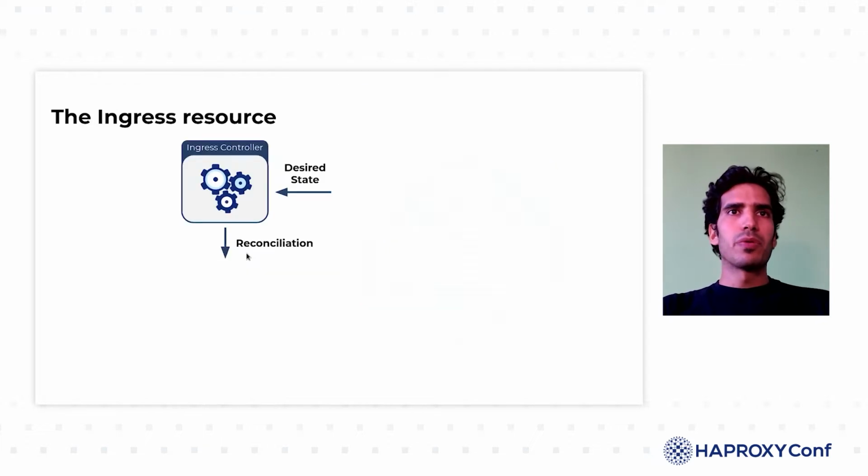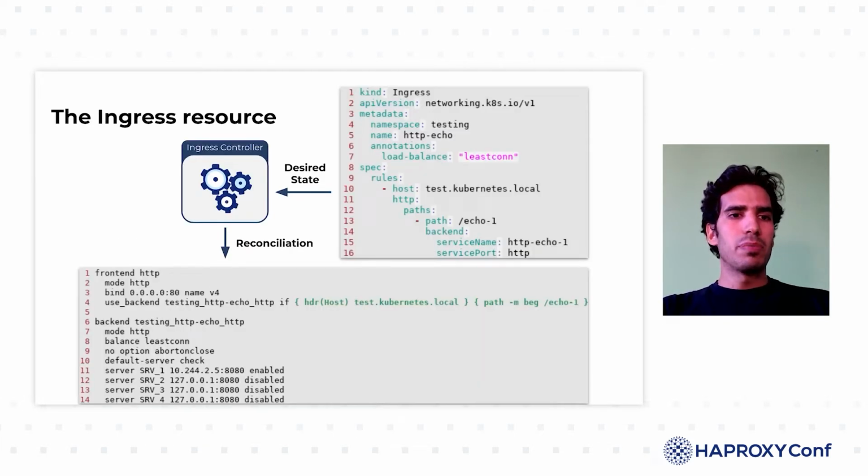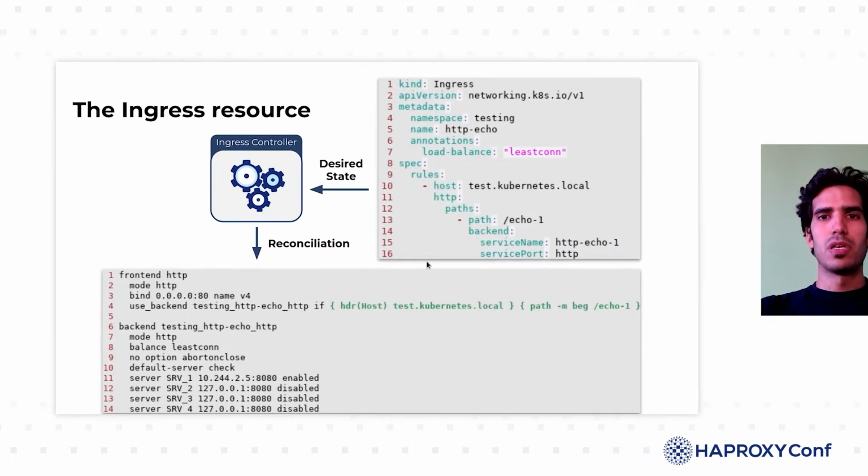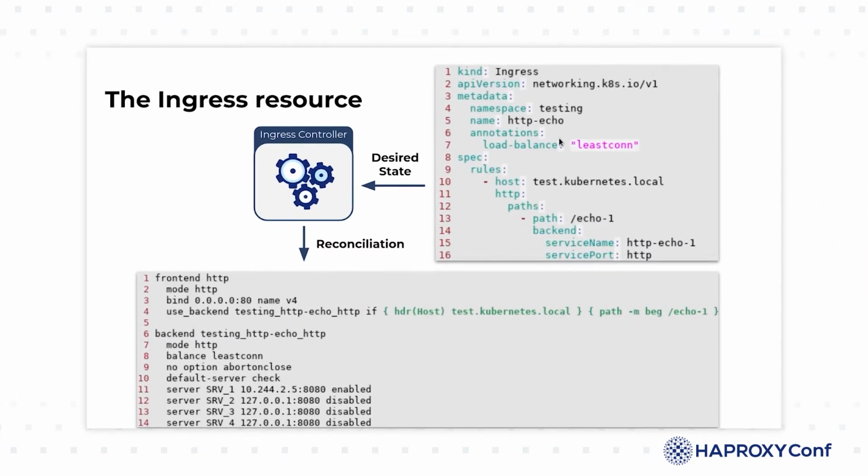If we get back to our Ingress example, we can see that adding the load balance annotation here will make the Ingress controller configure the balance algorithm in HAProxy. And so here we are changing a simple option like load balancing.